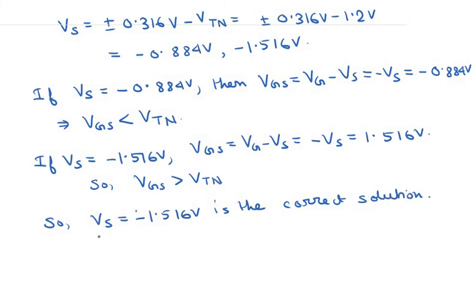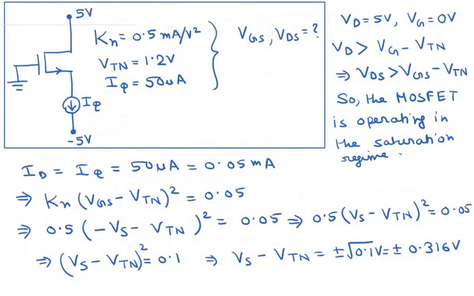So if Vs is equal to minus 1.516 volts, then we were asked the value of VGS and VDS. So VGS is equal to minus Vs because the gate is grounded, so it is 1.516 volts, and VDS, the drain voltage is 5 volts over here.